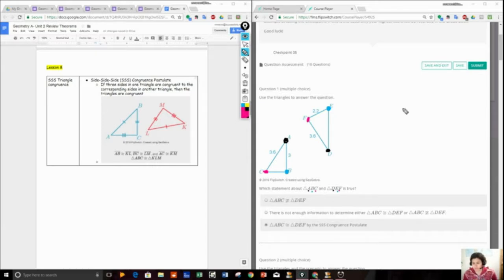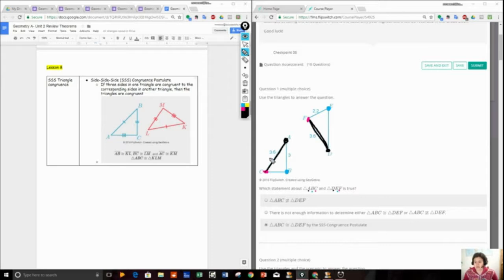And then vertex C is going to correspond to vertex F. Okay, so now we need to check for corresponding sides. And how can we determine corresponding sides? They're going to be the ones that are in between corresponding vertexes. So A to C, this side length is going to correspond to D and F because that's between the corresponding vertexes.